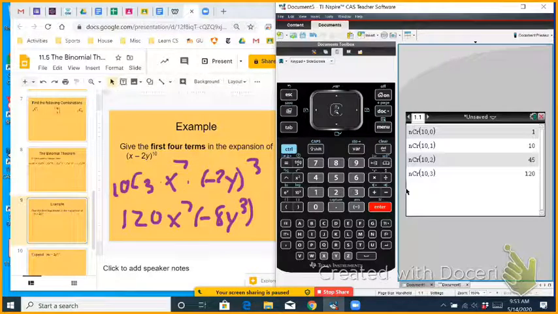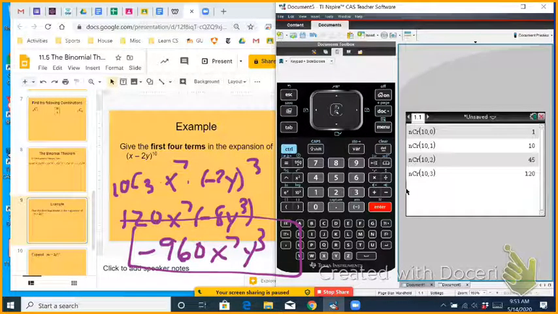When you do negative 8 times 120, you get negative 960 x to the 7th y cubed. That is not your final term, but the fourth term, and then you could keep going. And for something like to the 10th power, I wouldn't make you do all 10 terms.